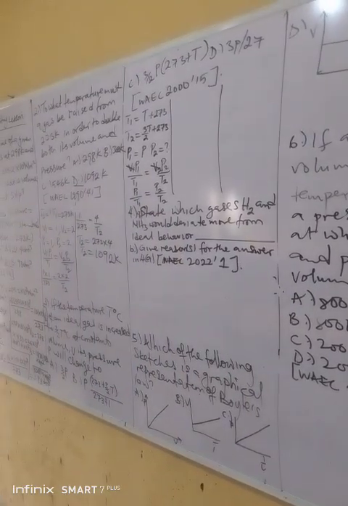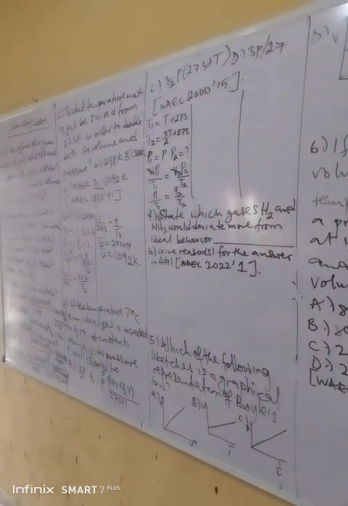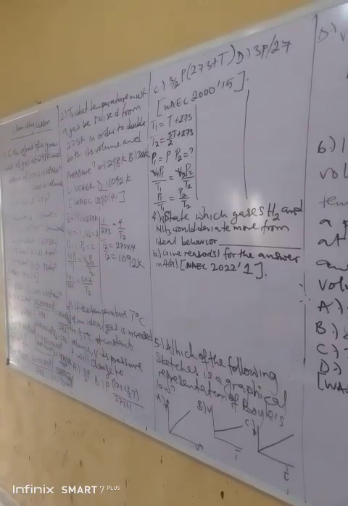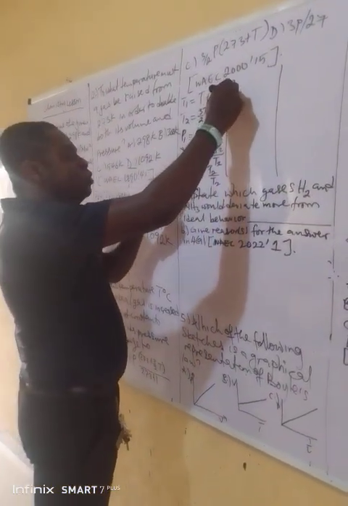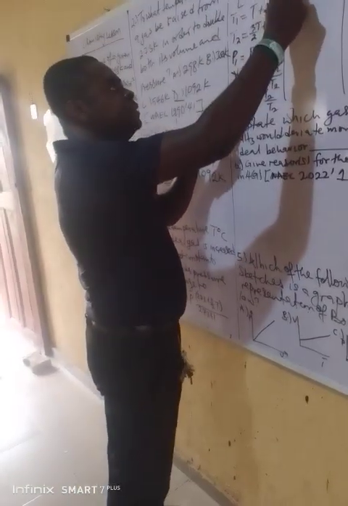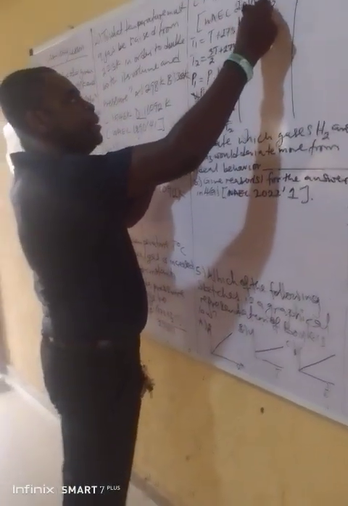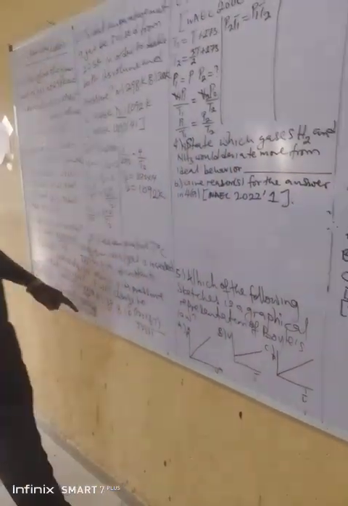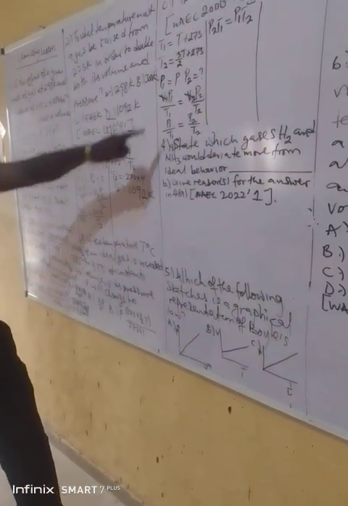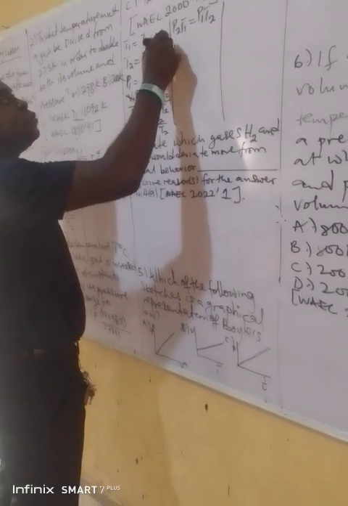What am I looking for? I am looking for P2. Let me make it the subject of the formula. Cross multiply. P2 T1 is equal to P1 T2. I'm looking for P2, so I divide both sides by T1.